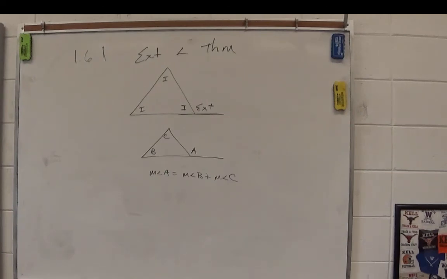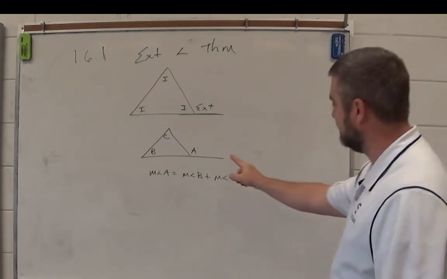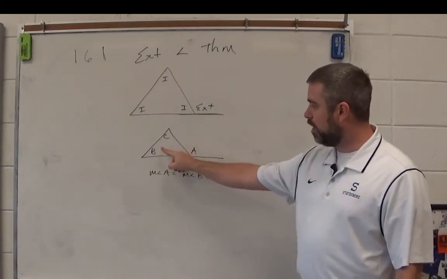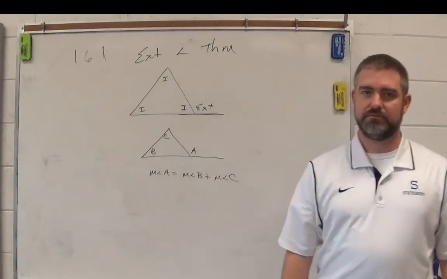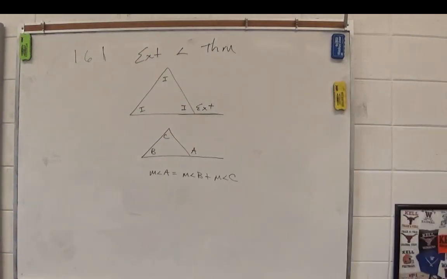You don't have to write all that down. I just want you to know that this angle here will always equal these two angles added up. We'll do an example here in just a second.